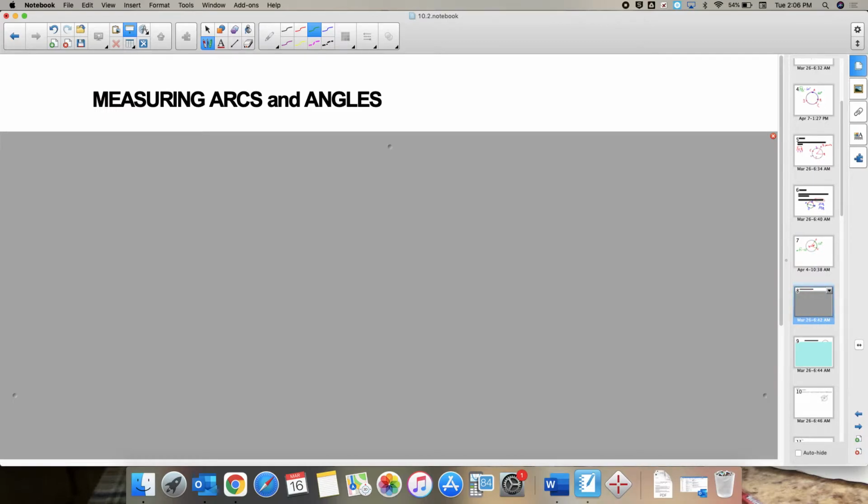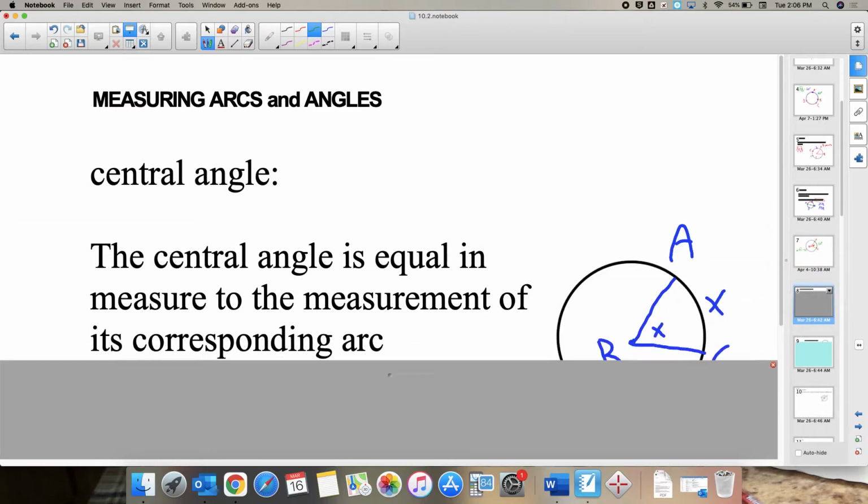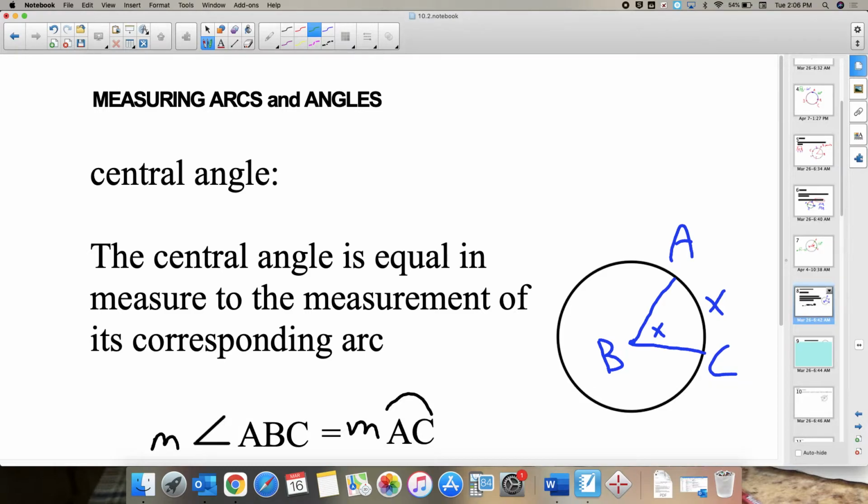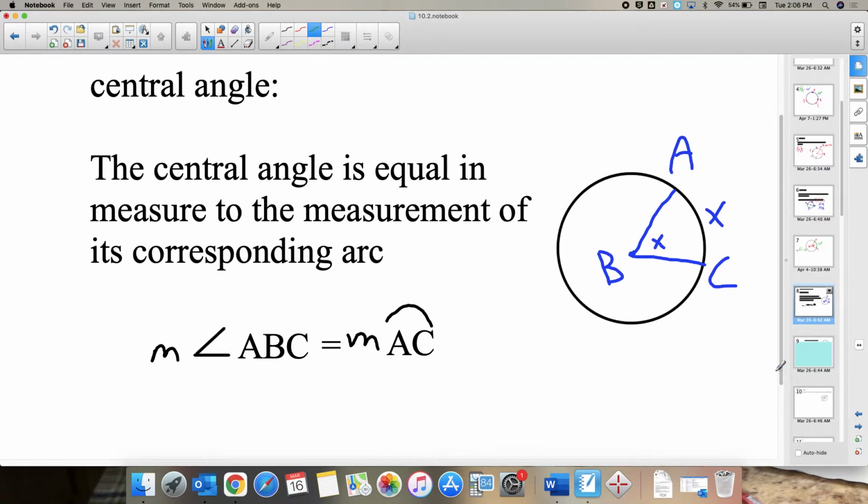When we measure arcs and angles, a central angle is equal in measure to the measurement of its corresponding arc. So the measure of angle ABC is equal to the measure of arc AC.